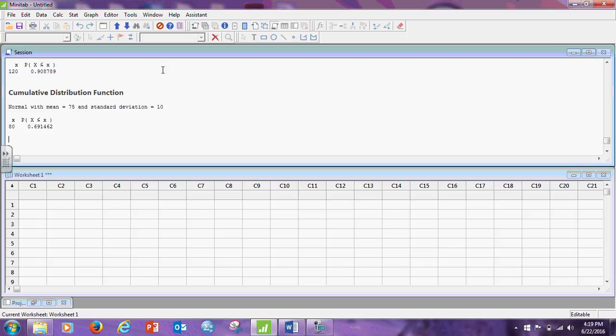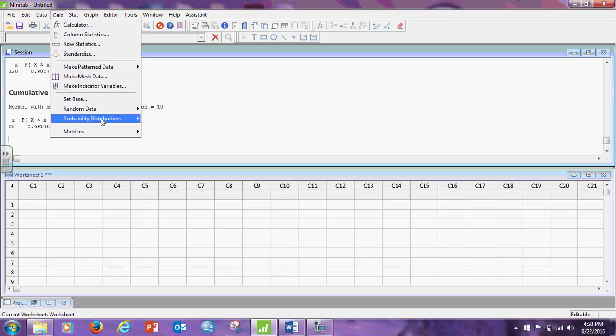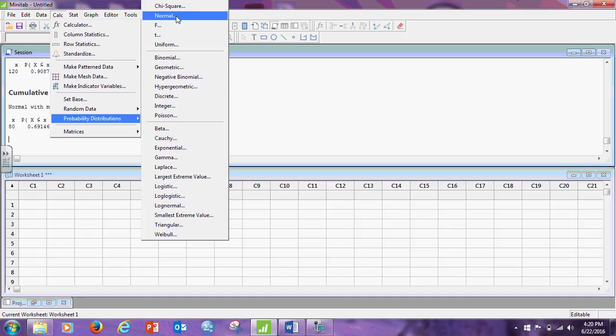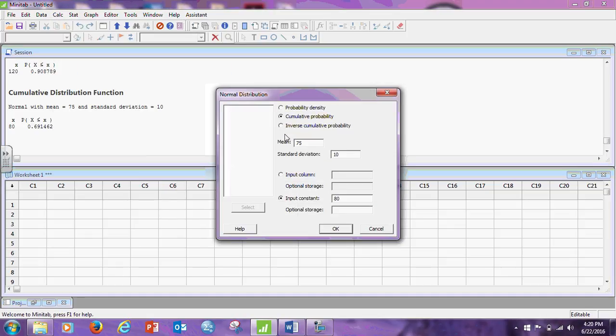Now, if we move on to number 2, what we're looking at is cumulative probabilities, and we're looking for values. All right, so number 2, part A, we still go to Calc, probability distributions, normal. But if you're looking for a value, and remember, values are things where it says find the value or find the percentile, those are all inverse cumulative probabilities.